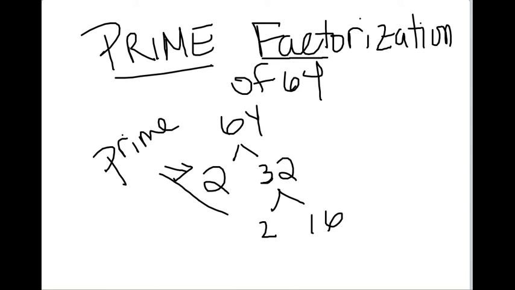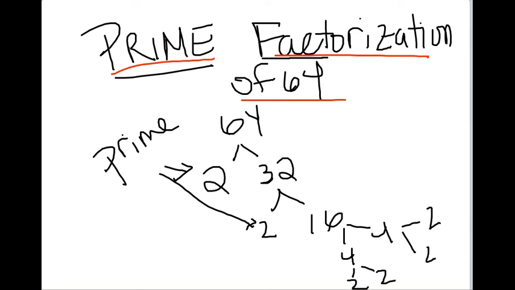So again, 2 is prime, so I'm going to stop with that side, but 16 I can break down to 4 times 4, and then each of those 4s I can break down to 2 times 2.